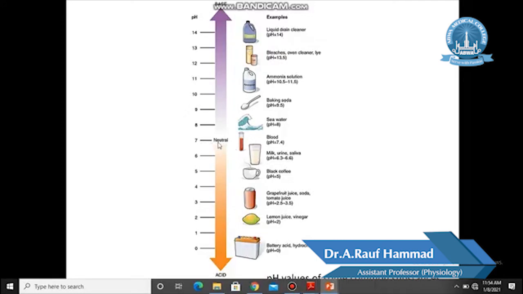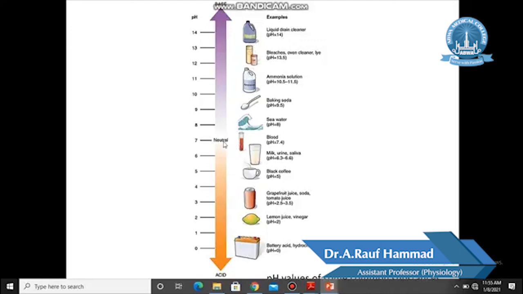Neutral pH 7 is of distilled water. 7 pH is neutral. और ऐसे ब्लड की pH 7.4, सी वाटर की उससे बढ़ती जाएगी. बेकिंग सोडा, अमोनिया सोल्यूशन, ब्लीचेस, इनकी pH ज़्यादा होती जाएगी और they are going towards more alkaline conditions.